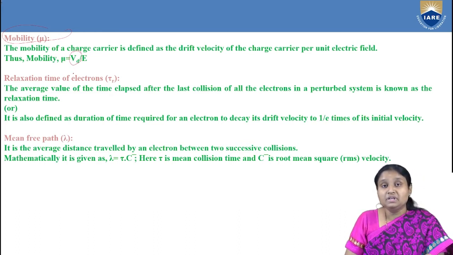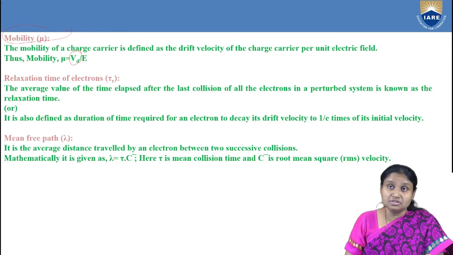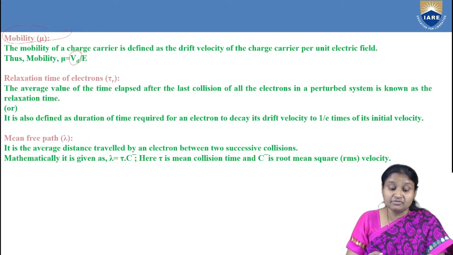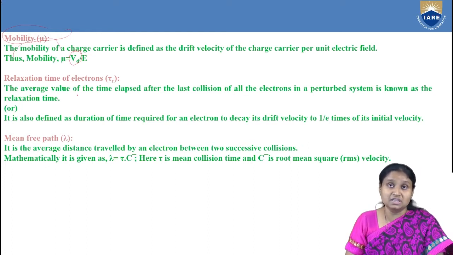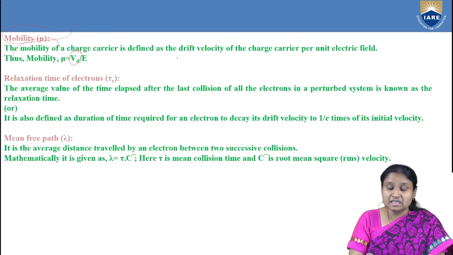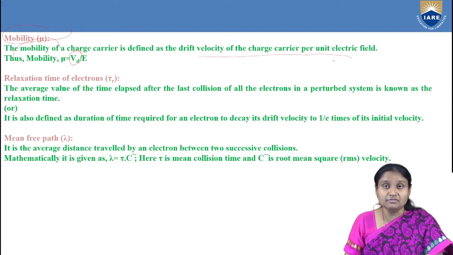So Vd is the velocity gained by electrons in one particular direction on application of an electric field. This movement of charge carriers under an electric field is called mobility of charge carriers. So what is mobility? It is the drift velocity of charge carriers per unit electric field.